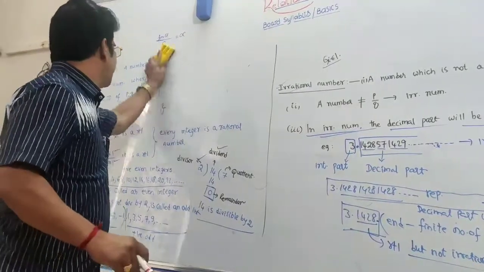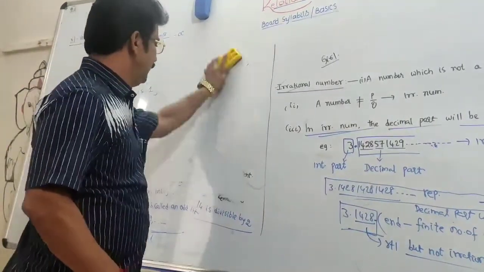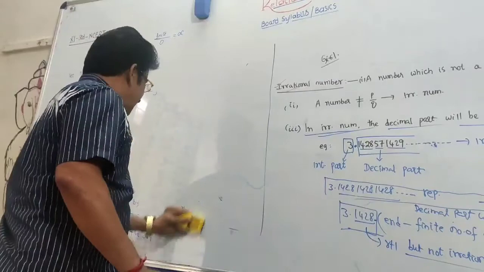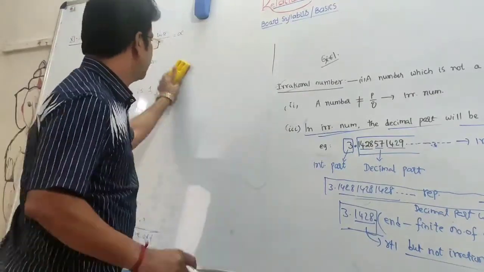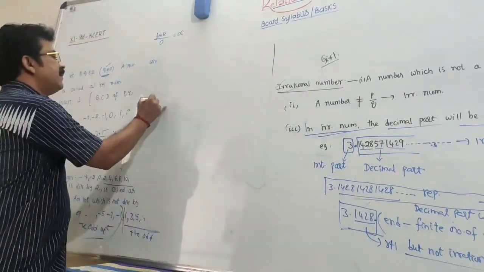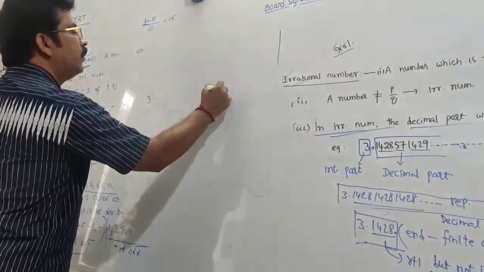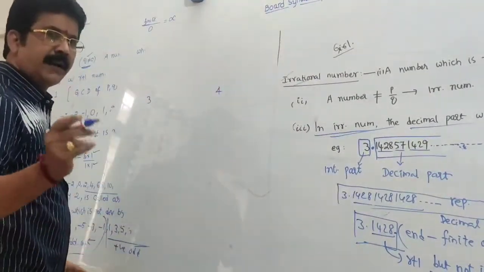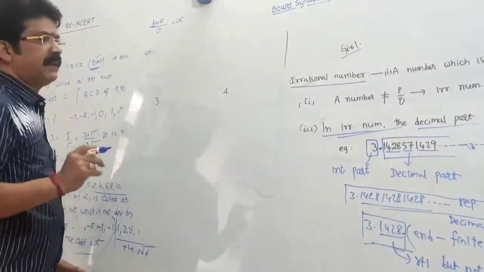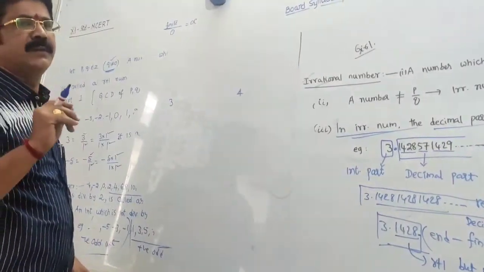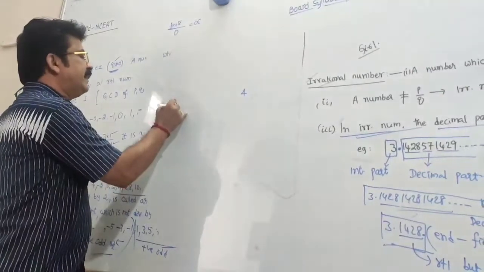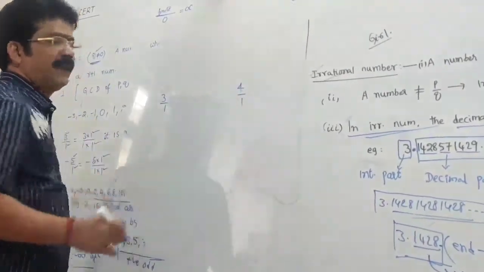Come here. Actually, take 2 rational numbers. One rational number is 3, another rational number is 4. Because already I said every integer is a rational number. So it is 3 by 1, and 4 by 1.